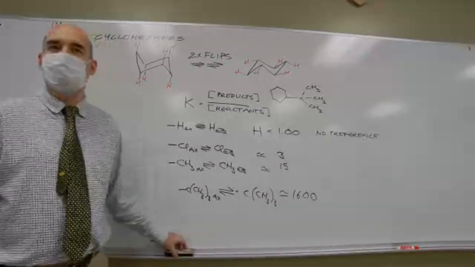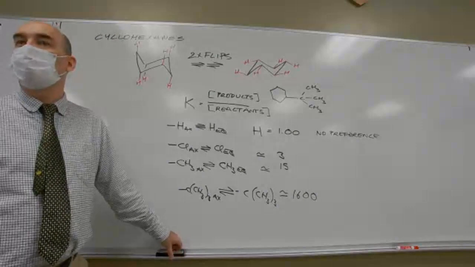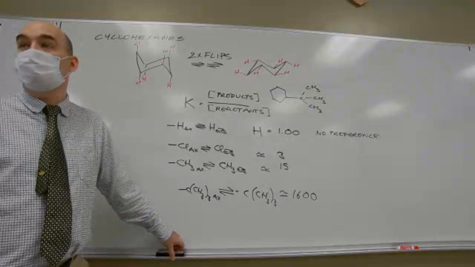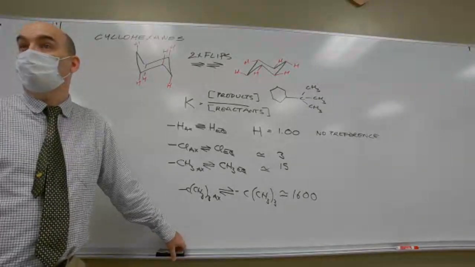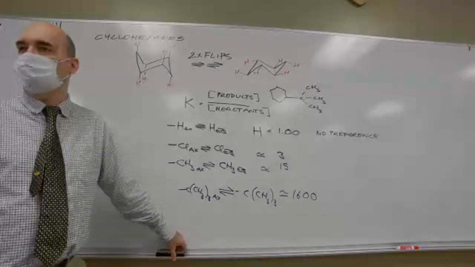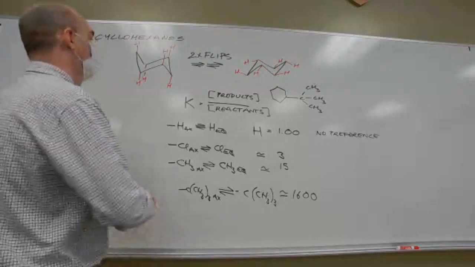How could that possibly matter? When these things end up being biochemicals, everything in biology depends on shape. And the shape of an axial substituent is not the same as an equatorial substituent. They have very, very different outcomes.